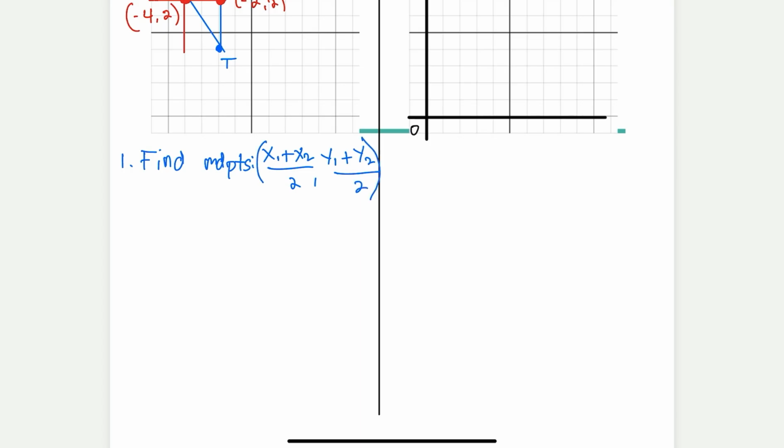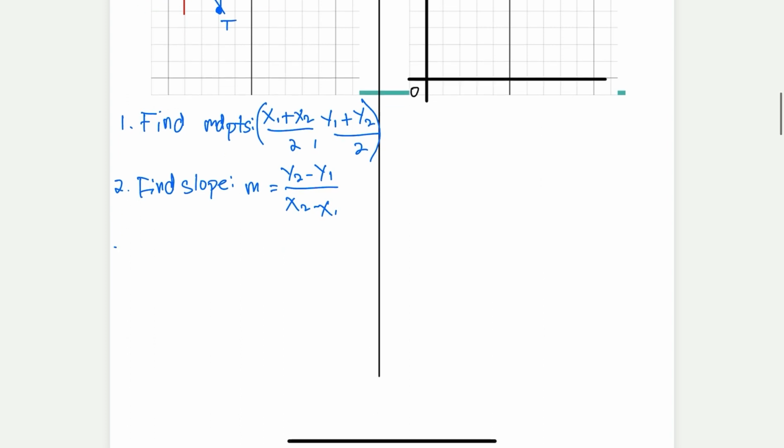With this formula, you can easily find the exact midpoint of the given vertices. The second step is to find the slope. The formula for finding the slope is m equals y2 minus y1 over x2 minus x1.